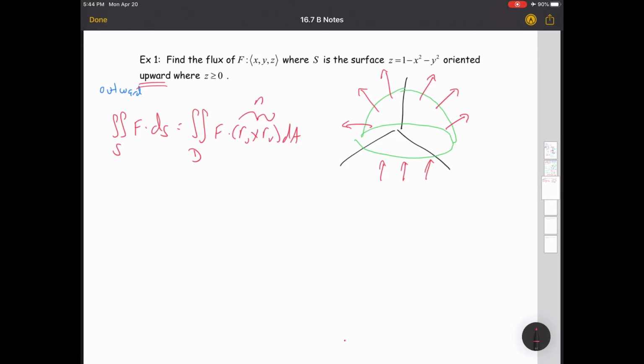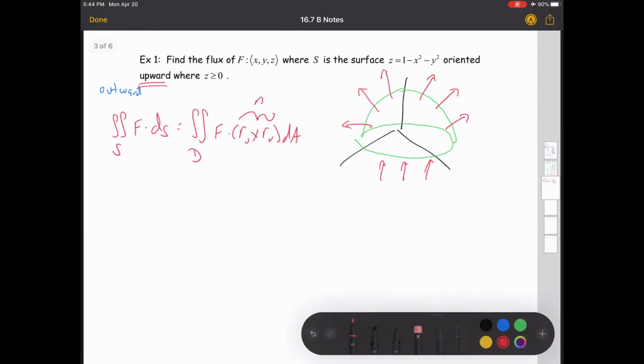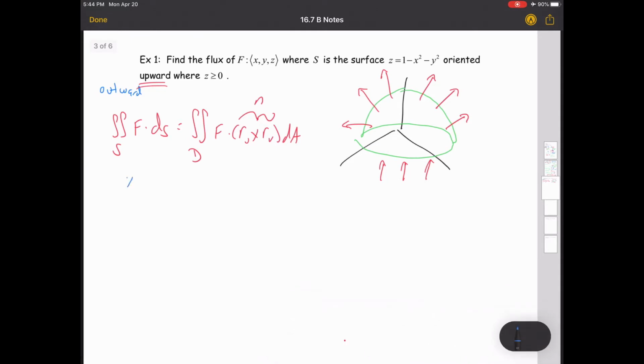It is again a paraboloid. It looks like the easiest thing to do here might be to use polar coordinates. So I'm going to parameterize this as x equals r cosine theta, y equals r sine theta, that takes care of the circular part of this thing, and z is going to equal 1 minus x squared minus y squared.